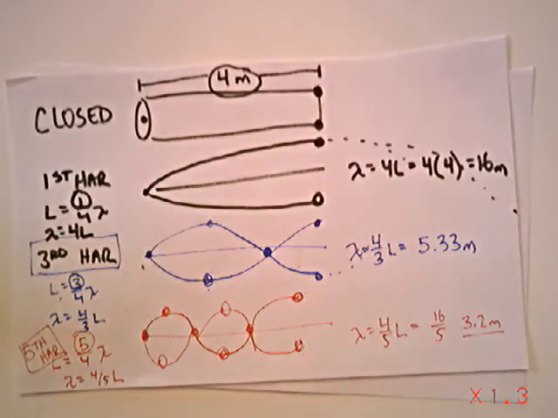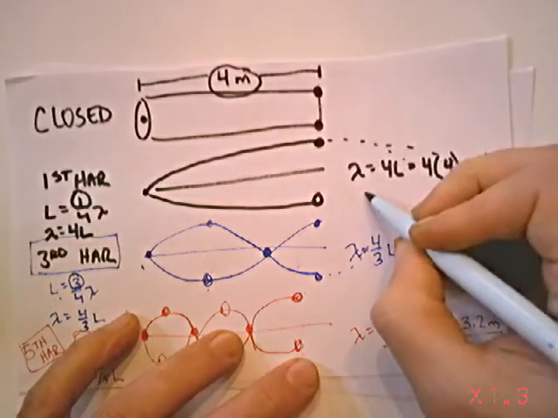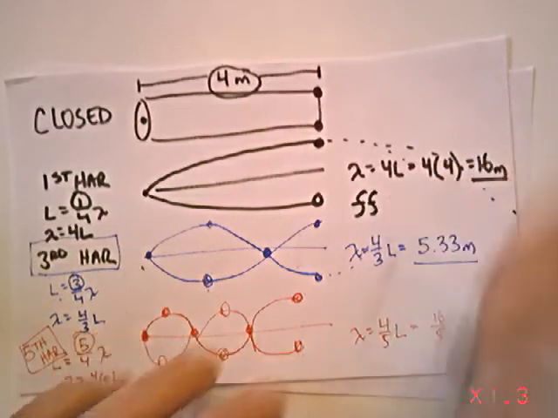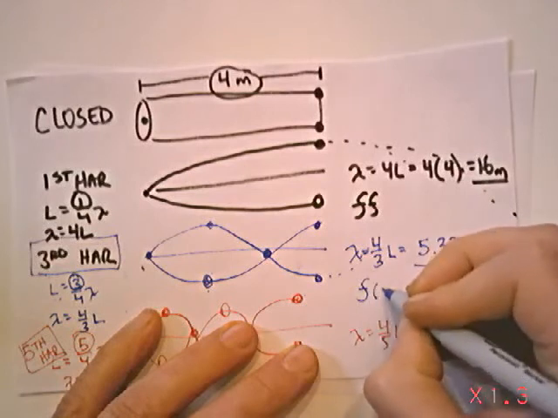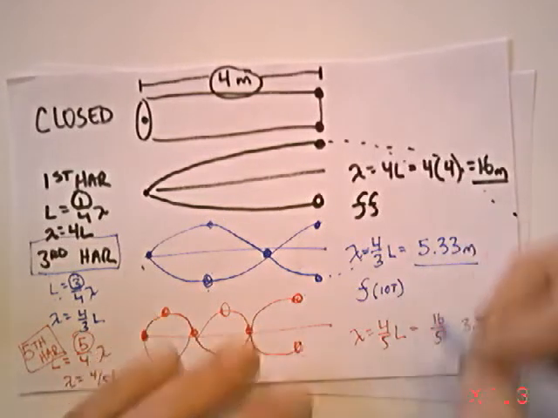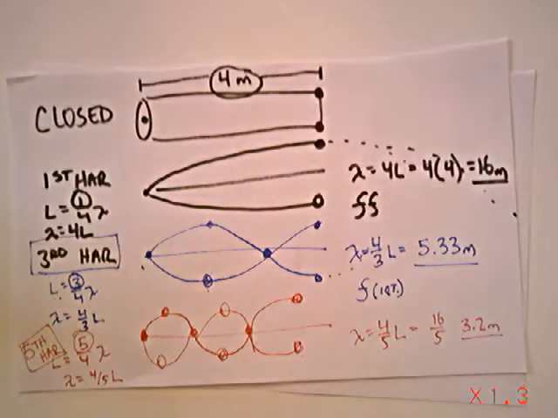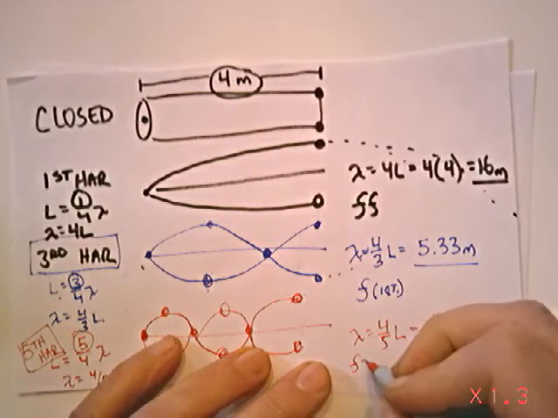All right, so these are our wavelengths. Now remember, wavelengths aren't frequencies. We're going to want to find the frequencies. So this is called the fundamental. This one's actually called the first overtone, OT, overtone. And then this one is called the second overtone.